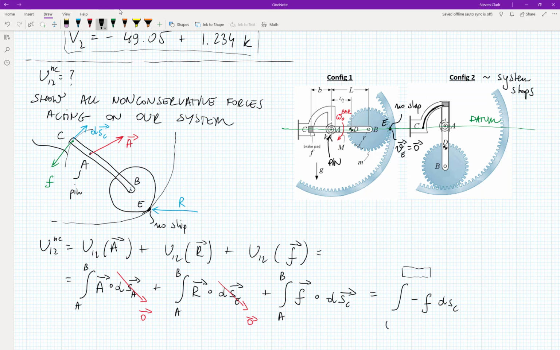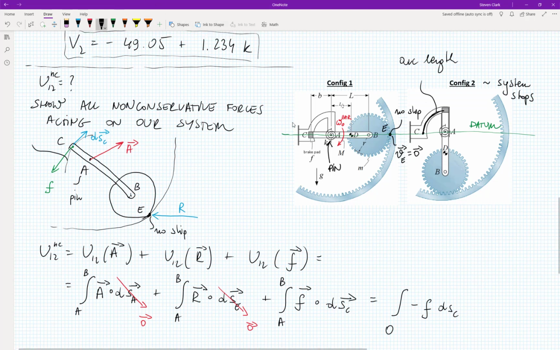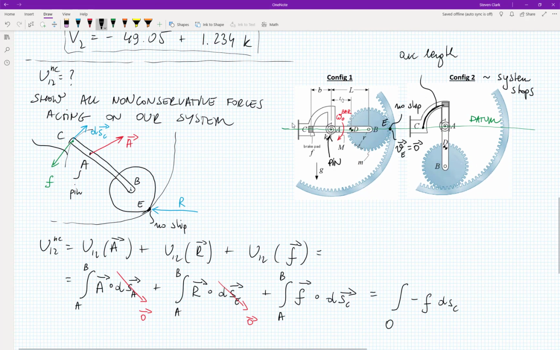Almost good. John said that this is from 0 to pi over 2, but these are not angles. John, what I'm asking is for you to tell me the length of this arc. What is that arc length? Perfecto.